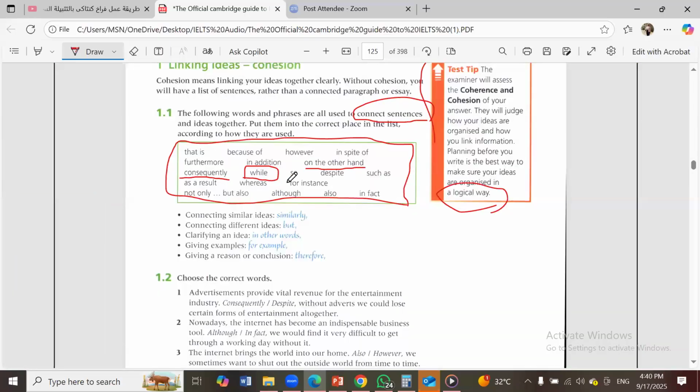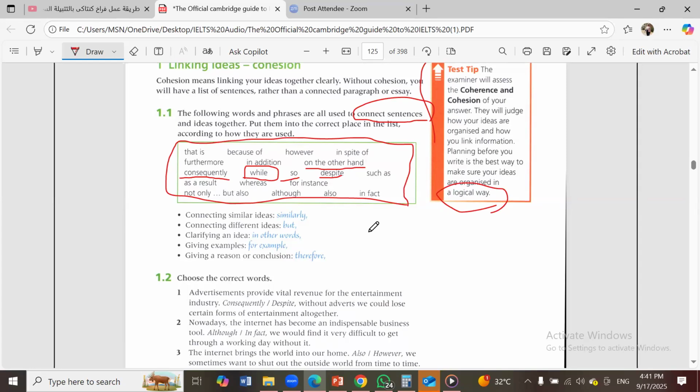So, while, so, followed by comma, indeed, and despite.